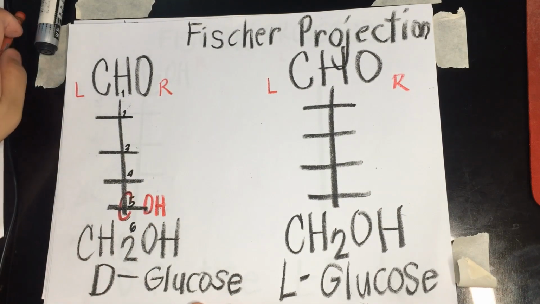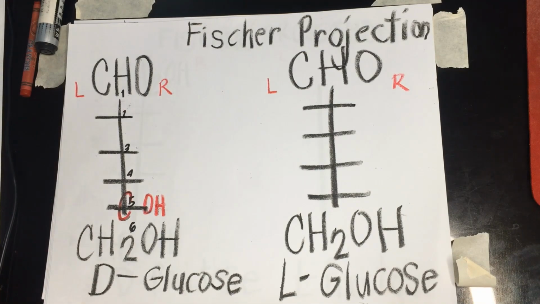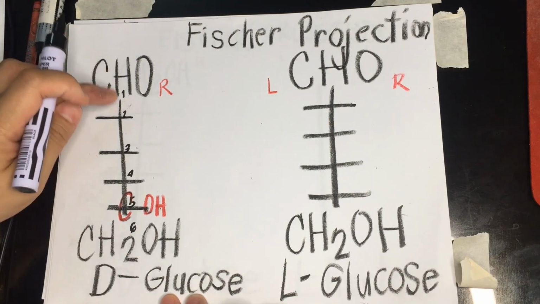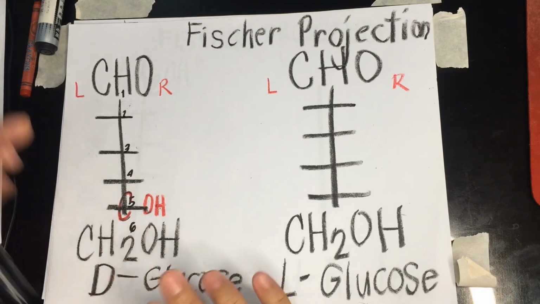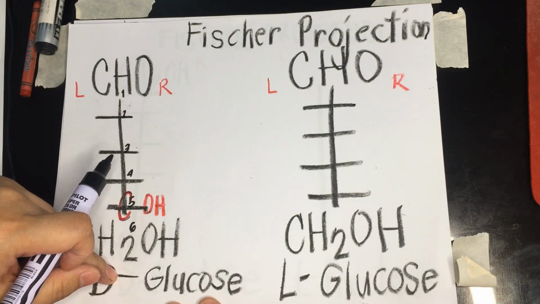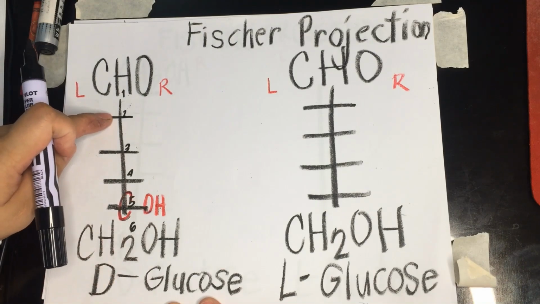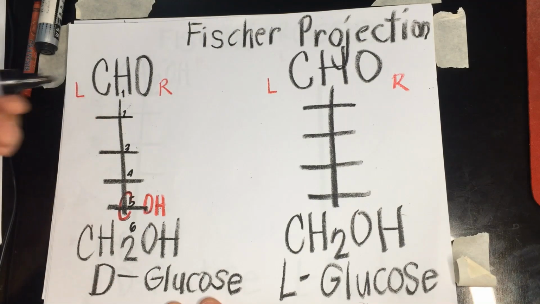Now, we are going to complete the structure. For carbon number 2 up to carbon number 4, D-glucose starts with our carbon number 2 on the right side.